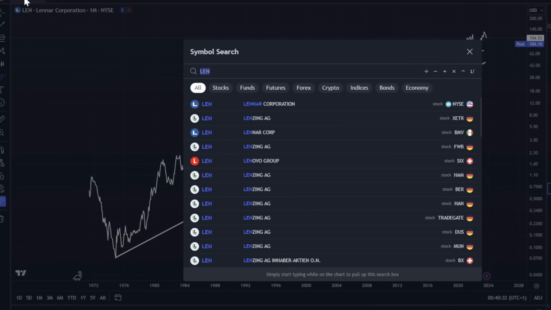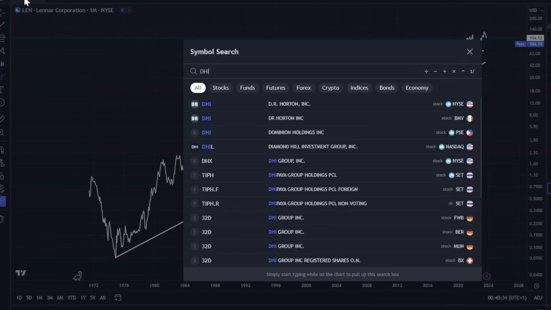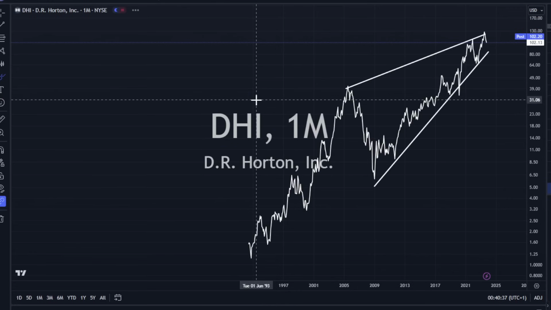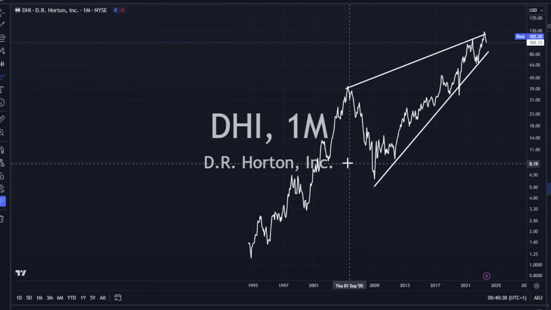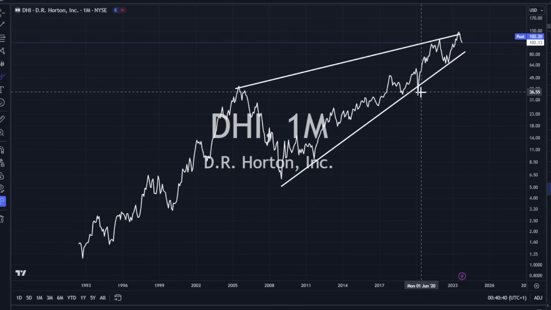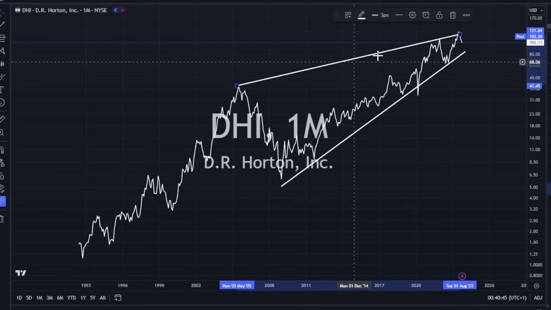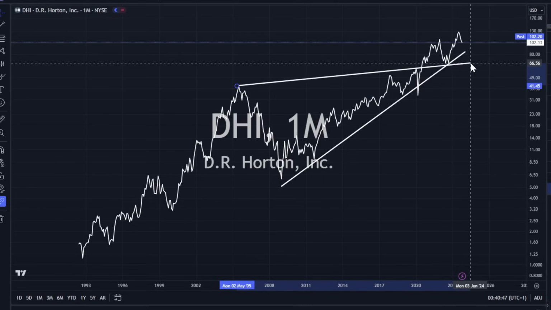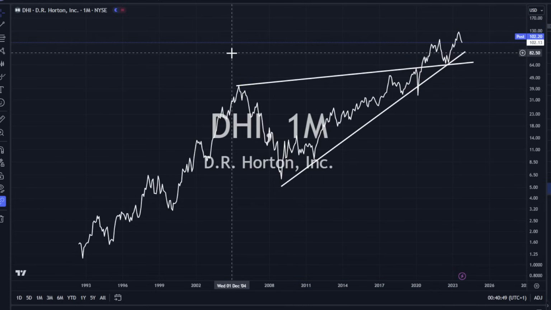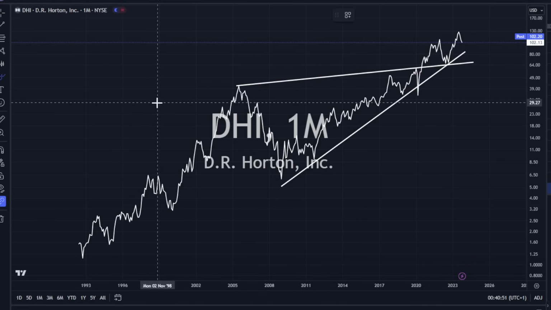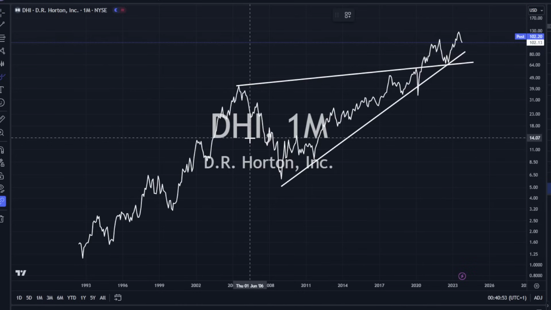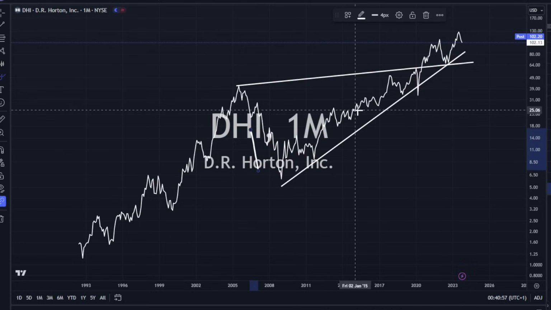The other company is D.R. Horton, another large corporation. You can see this thing is also coming up, and people are going to say that's a rising wedge. Yes, I would also draw it like this, perhaps, because your consolidation of a real estate market is 1 here, comes back, comes up.